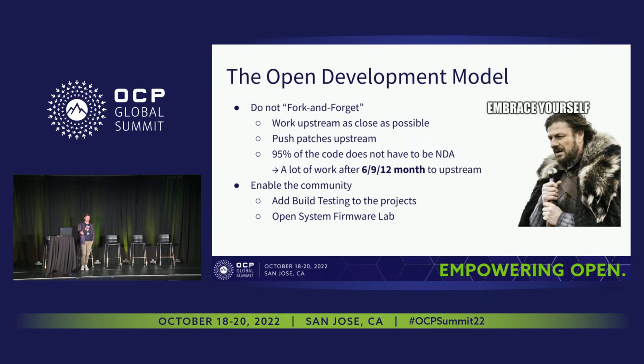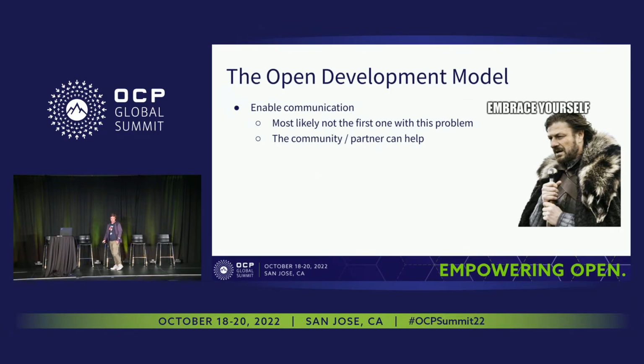If you even enable the developers or the community itself to access your hardware, for example through the OCP community lab, I think I called that the Open System Firmware lab, but it's the same thing, the community can test their changes on your hardware directly, right? So they do validation for you if they enable it. That's a pretty nice thing, and that can really save you some work.